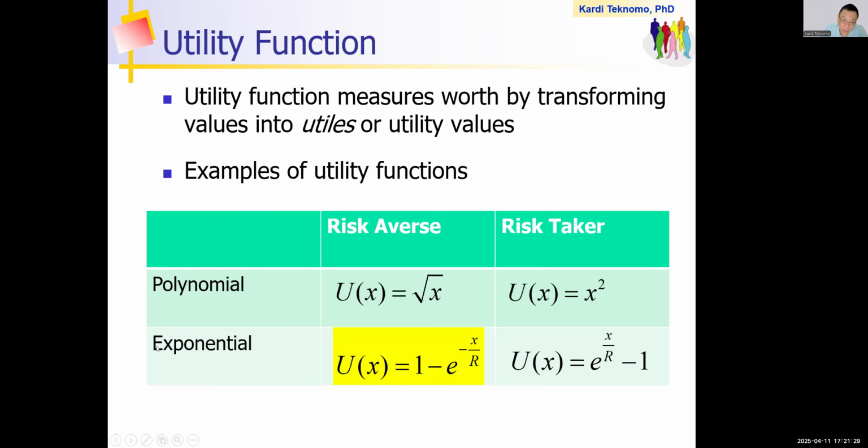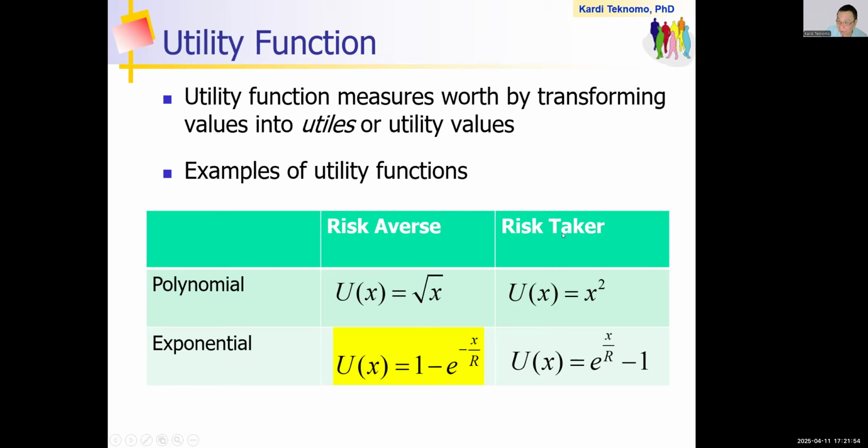Now if you want to use an exponential function and you are risk averse, you can use this function: 1 minus exponent of minus x divided by r. This r is a parameter that you can set. So the exponential function is more general than polynomial. Why? Because you have a parameter here.